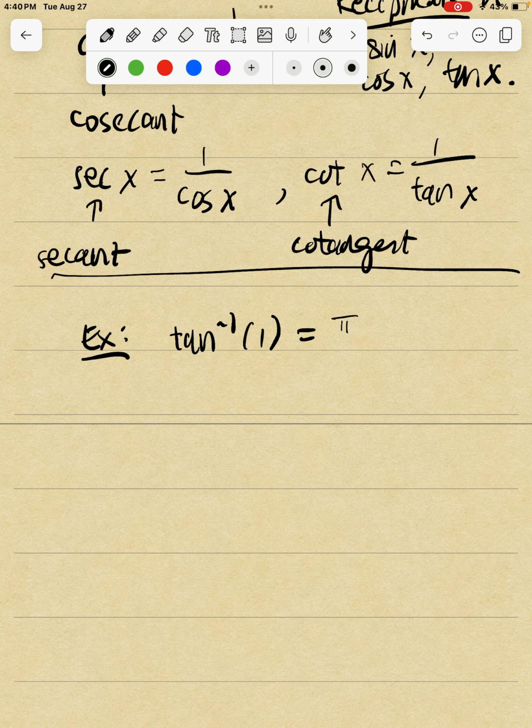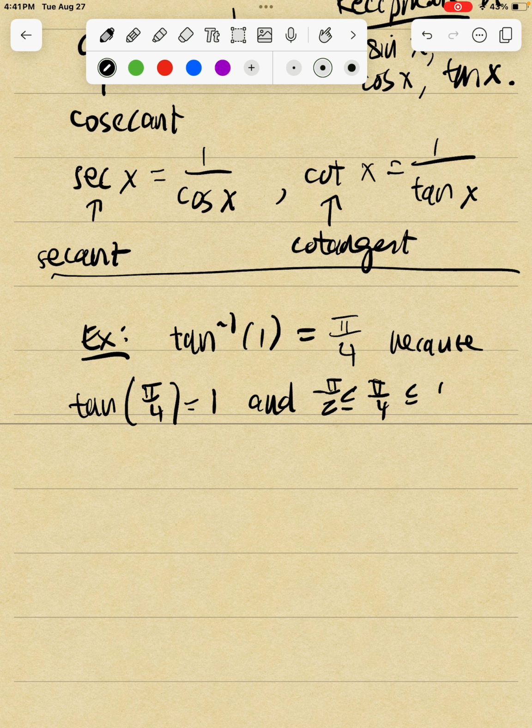The answer is pi over 4, right? Because tangent of pi over 4 is 1, and because it's between negative pi over 2 and pi over 2.